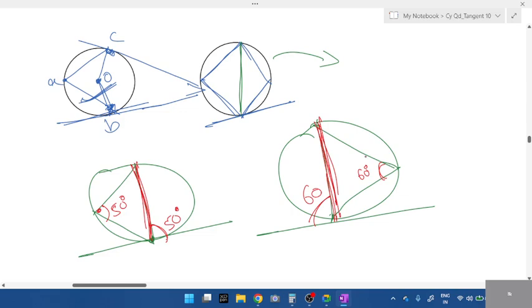So this is how you have to learn 60 and 60 degrees. Now this angle will be 60, this angle will be 50 degrees, opposite is 50, and this angle is 60.